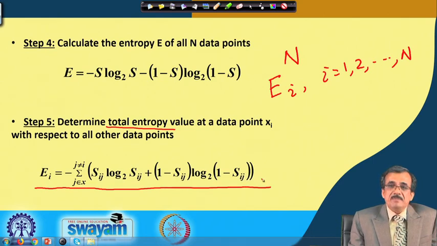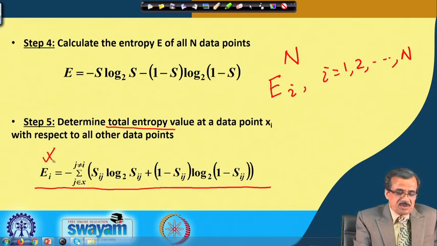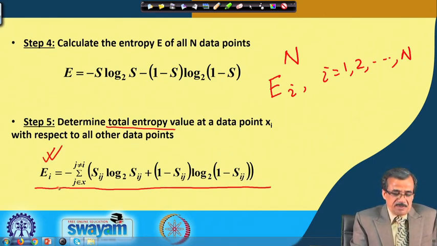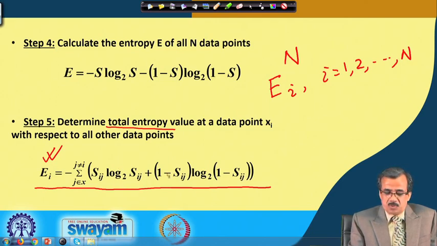E_i, the entropy for the ith data point, is nothing but minus summation j belongs to X, j not equal to i, of S_ij log base 2 S_ij plus 1 minus S_ij log base 2 1 minus S_ij.